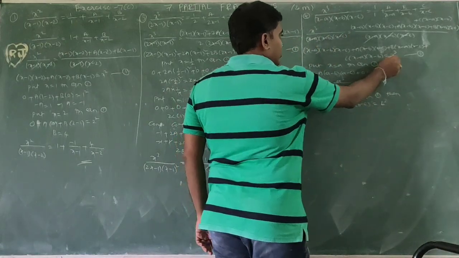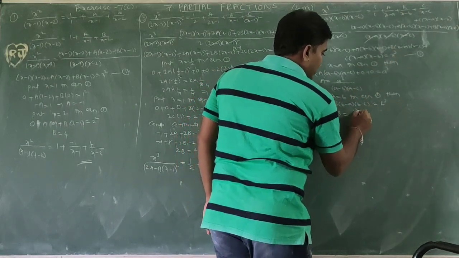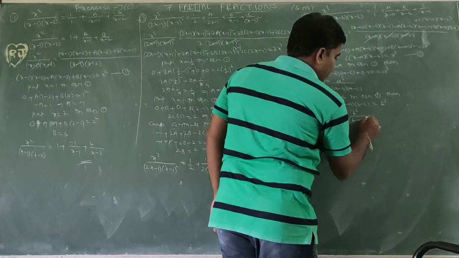So bringing these two outside, b equal to b cube by b minus a of b minus c.